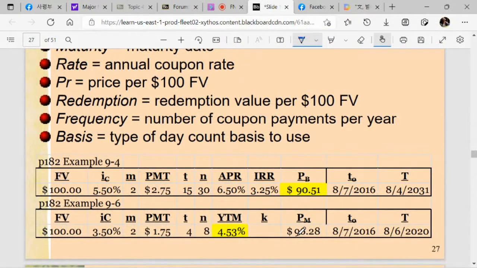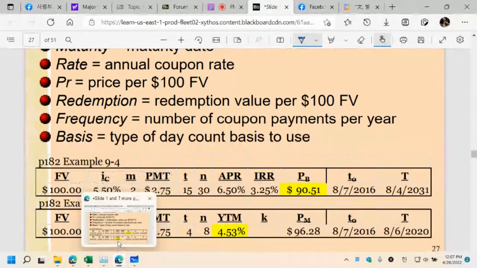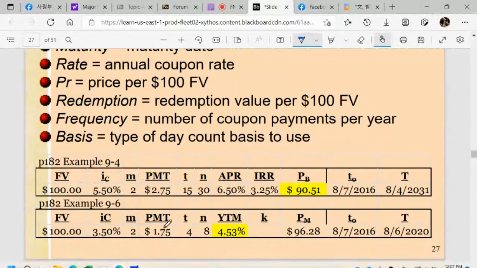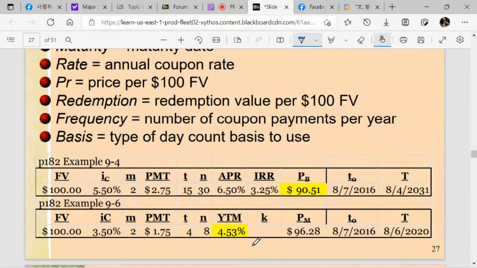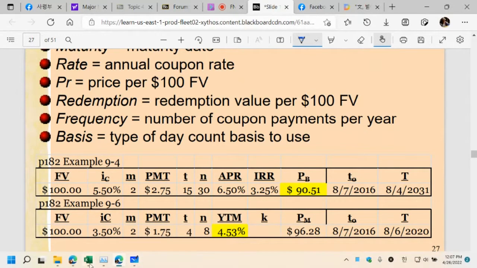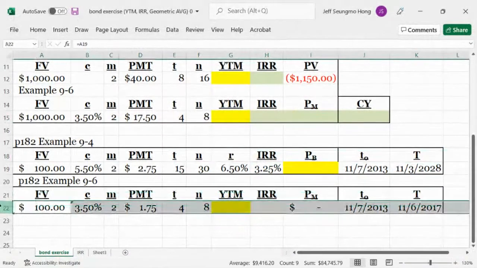So in this example, this is the market price. It's the same thing, P sub B or P sub M. So let's take a look at this example. And you might wonder, why is it like $100? First thing you notice, so here, we bring it down here, row 22.